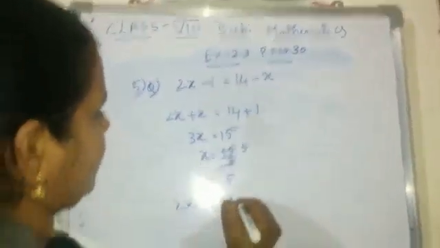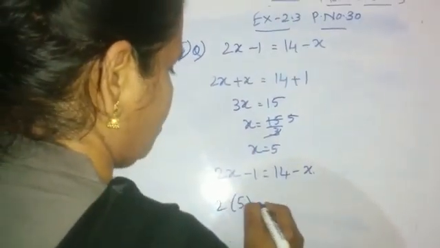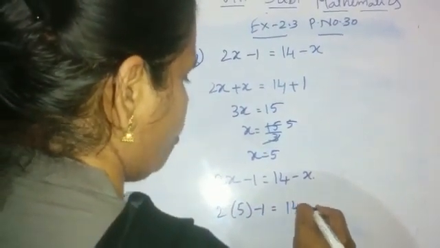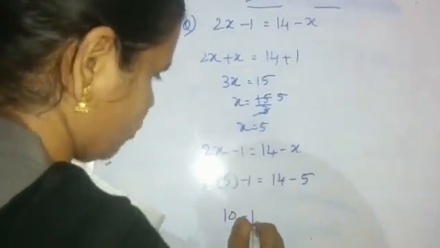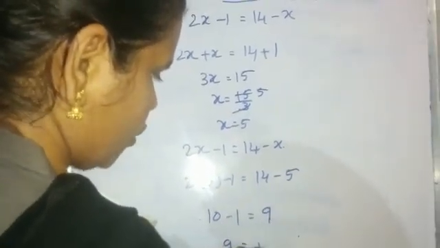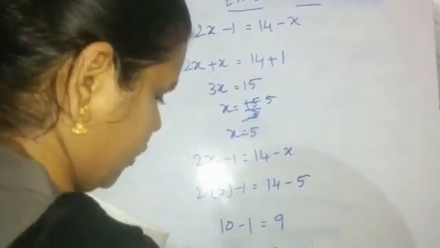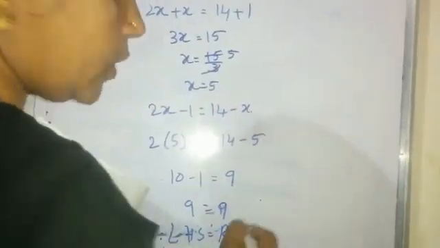So 2x minus 1 is equal to 14 minus x. So 2 into 5 minus 1 is equal to 14 minus 5. So 2 5s are 10 minus 1 is equal to 14 minus 5 is equal to 9. So 9 is equal to 9. Therefore LHS is equal to RHS.